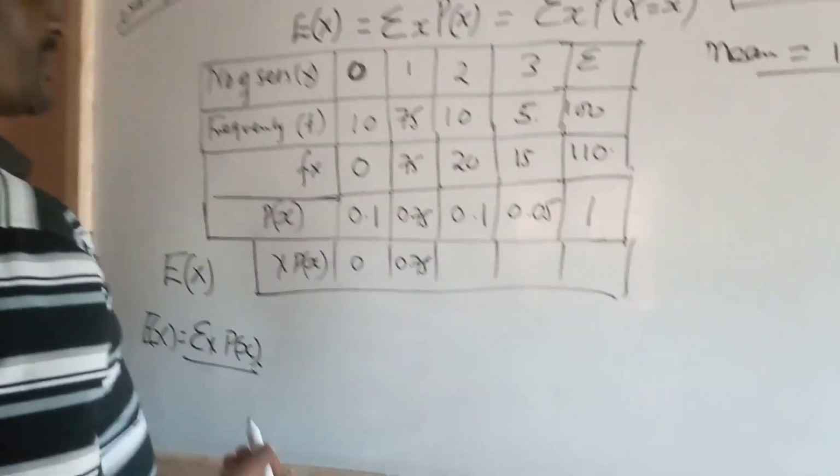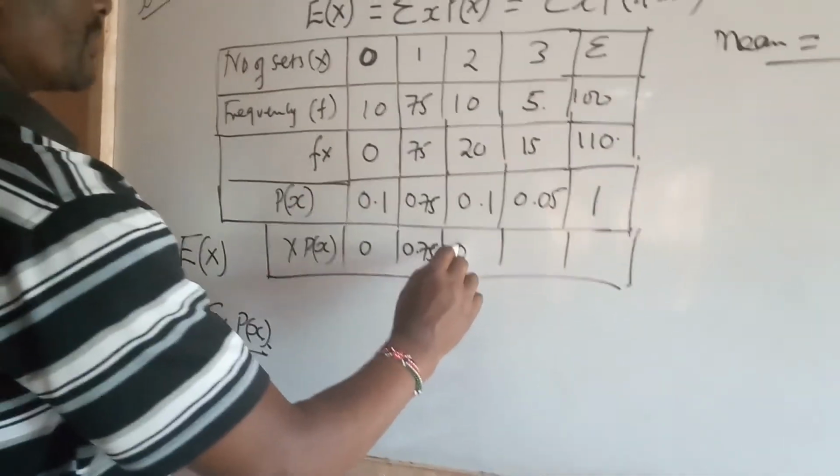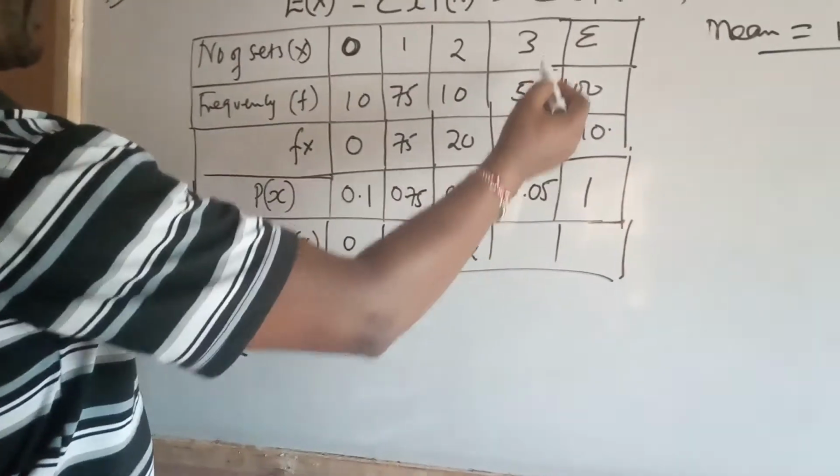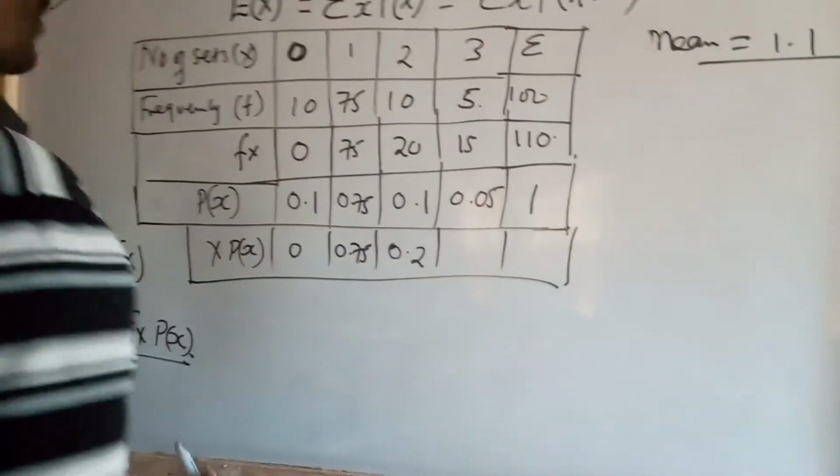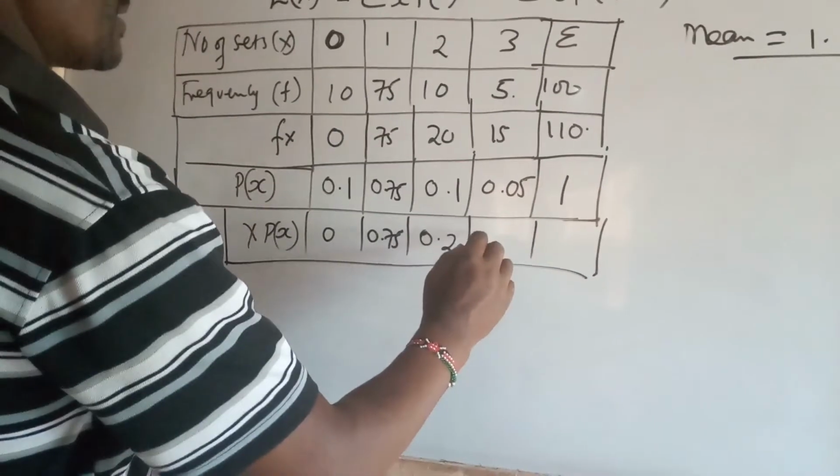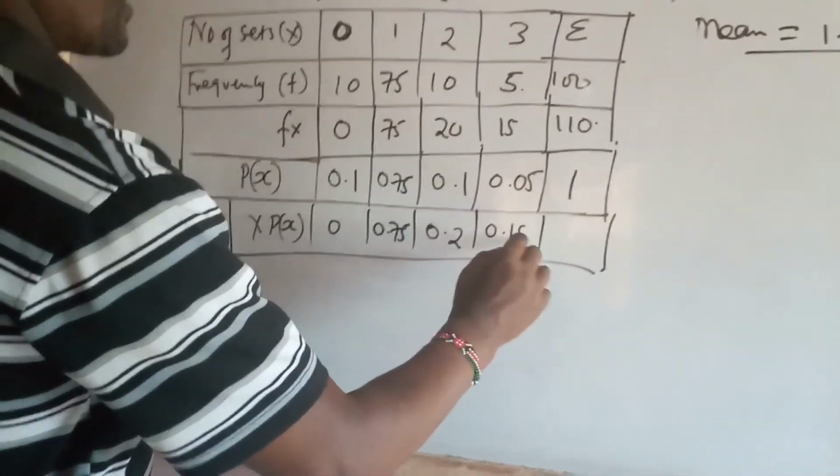when we have two television sets, this is 0.2. 3 times 0.05 is just 0.15.